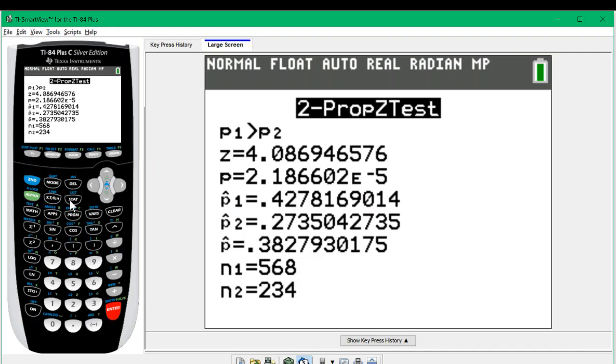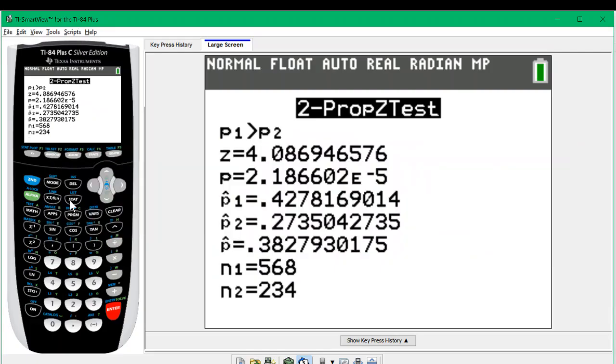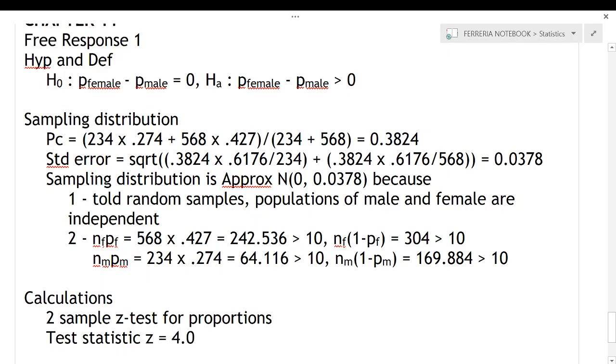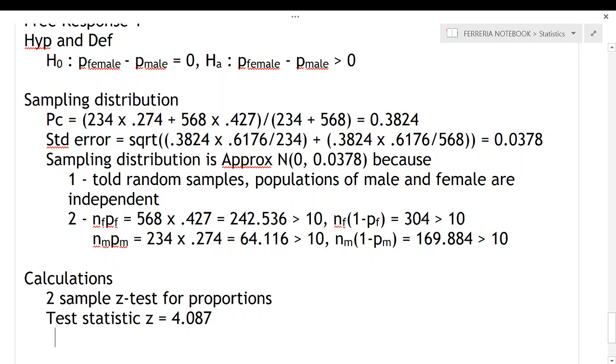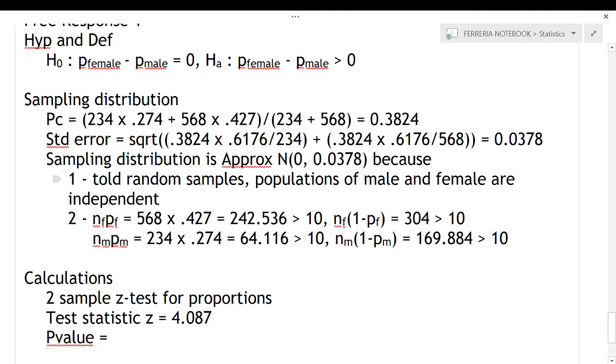Alright, let's take down our test statistic. z equals 4.087. Our p-value equals 0.00002, four zeros and a 2.